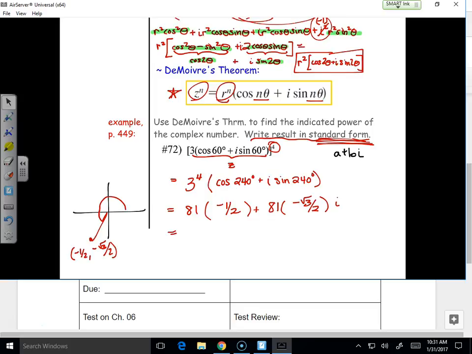We end up with negative, that's gross, 81/2, so a decimal like what, 40.5? Minus 81 root 3 all over 2 times i.